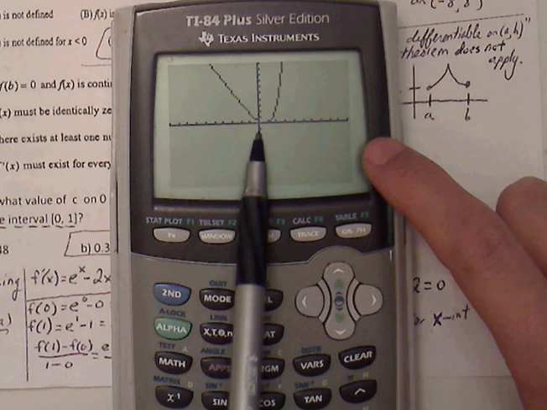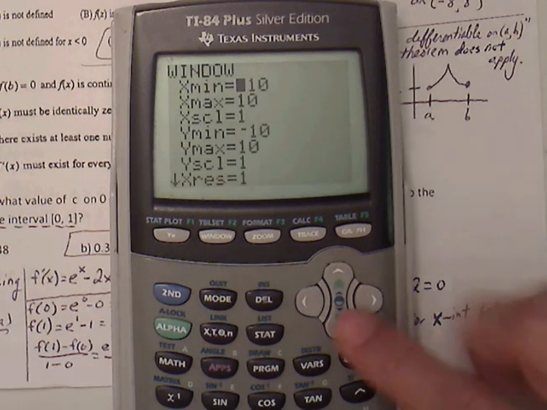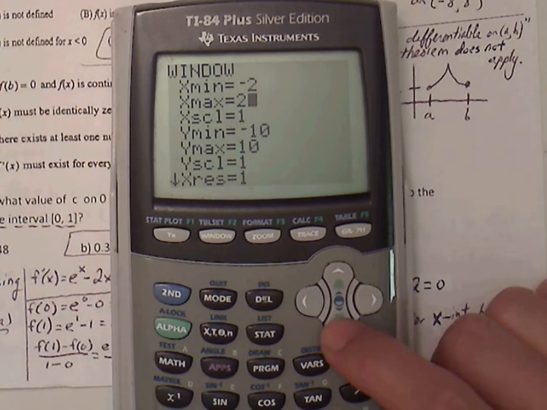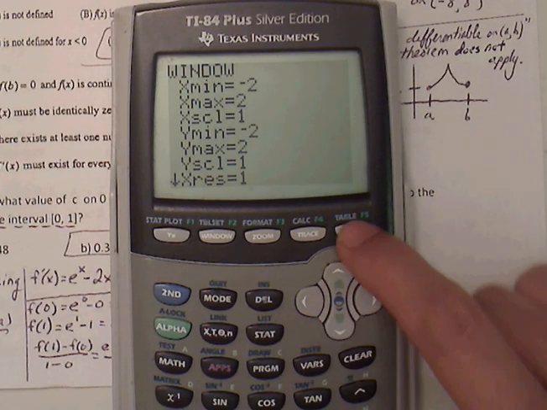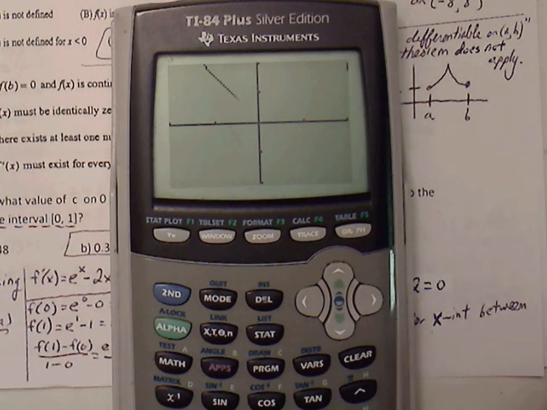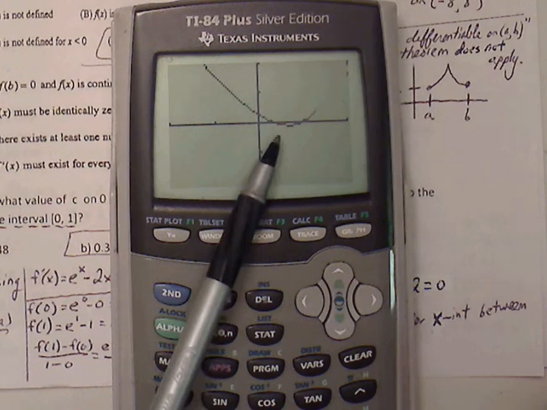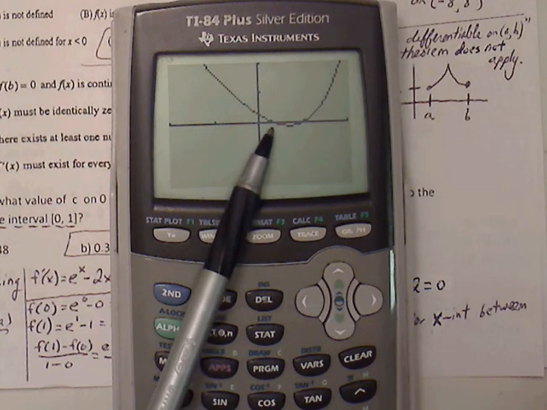So I'm going to change the window to be between -2 and 2. And we see that the graph definitely crosses the x-axis between 0 and 1, and then we just need to find that x value.